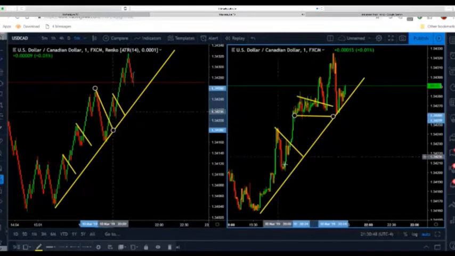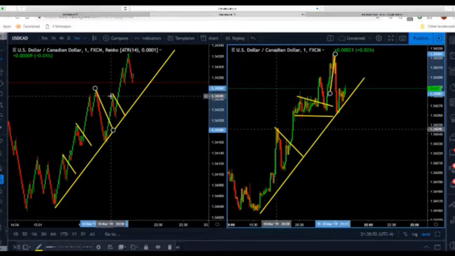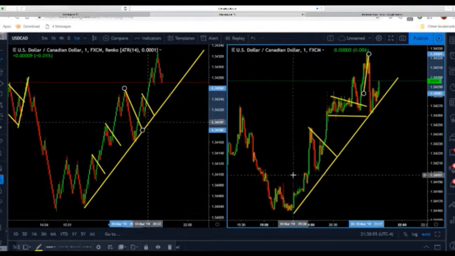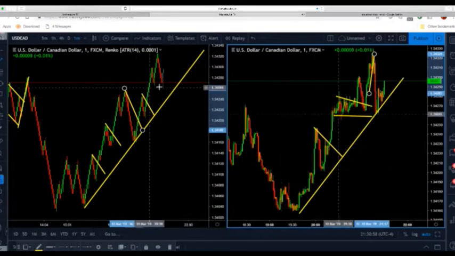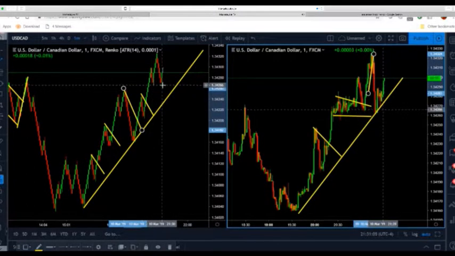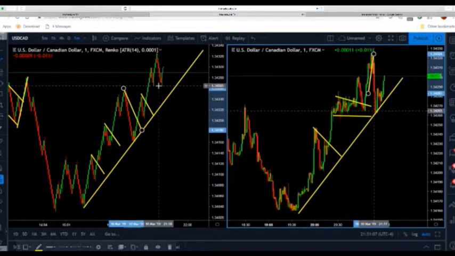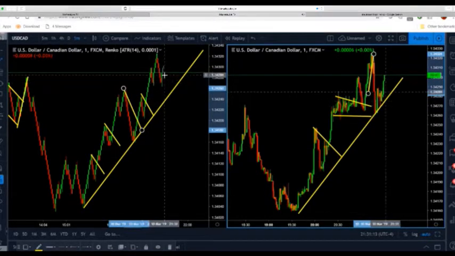That or that? That's the point of Renkos. It brings that clarity to the market. So, you see what happened with this wick right here? Because it wicked out over here, you got one forming right here. You guys are seeing it. I'm on the 1 minute time frame because Renkos move a lot faster on 1 minute.